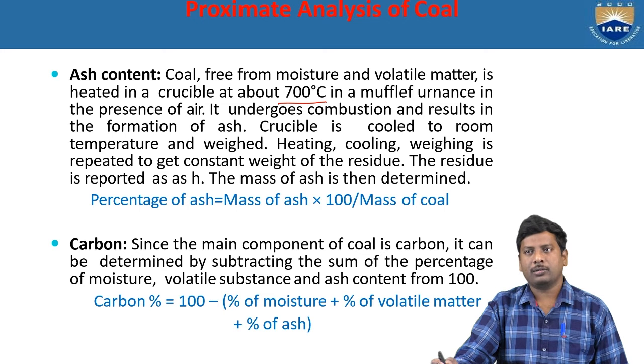Heating, cooling, and weighing are repeated to get a constant weight of the residue. The residue is reported as ash. The percentage of ash is the mass of ash divided by the mass of the coal, into 100. And the final one is carbon.